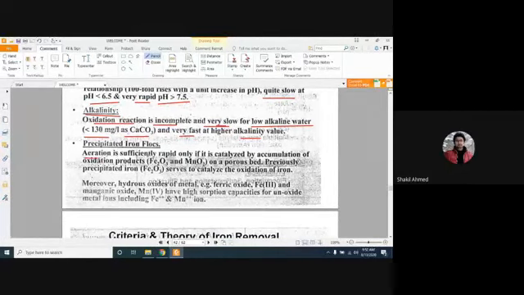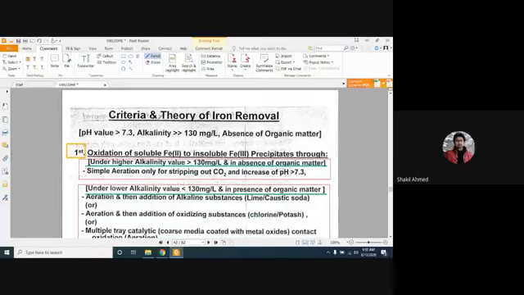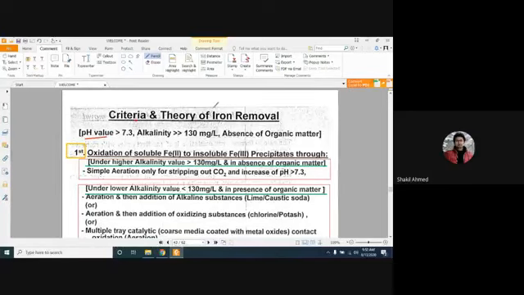So aeration is sufficiently rapid only if it is catalyzed by accumulation of oxidation products like ferric oxide, manganese oxide, or a porous bed, where previously precipitated iron serves to catalyze. So we'll see what this is. So for this reaction, iron removal, your pH has to be greater than 7.3.